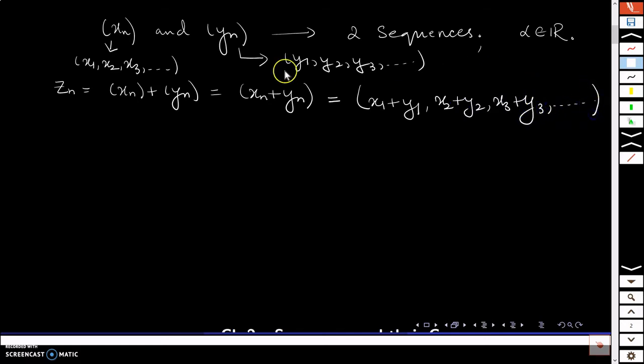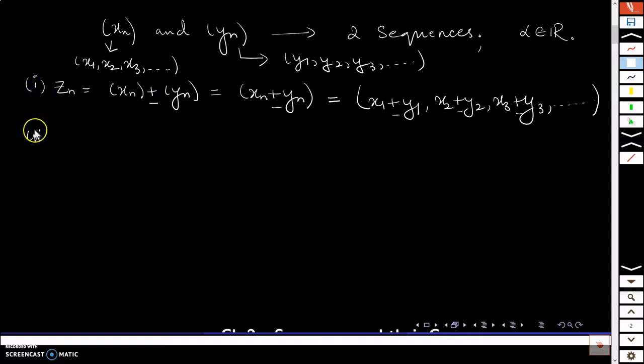So what we have done is, given two sequences xn and yn, I have obtained one more sequence from these two sequences. Another way of doing this would be to subtract the sequences. Instead of plus, you'll have minus, and you will be subtracting the corresponding elements in this case. Okay, so that is one.